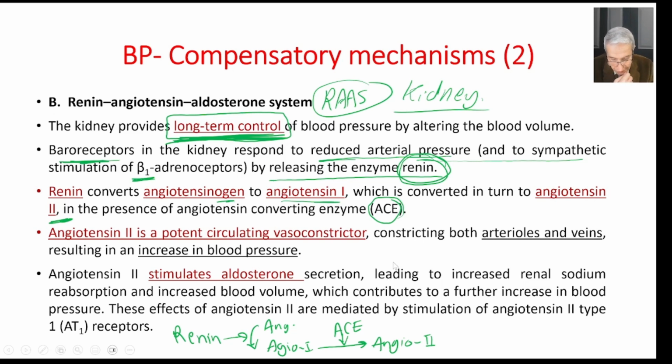Okay, what else we have there? Also, angiotensin 2 is responsible for aldosterone secretion. So angiotensin 2 stimulates aldosterone secretion, which leads to increased sodium and water reabsorption and increased blood volume, which results in a further increase in blood pressure.